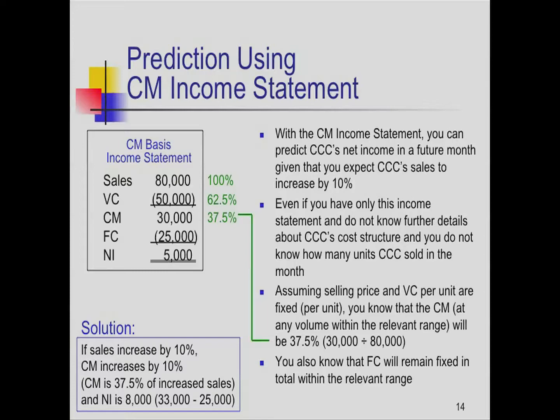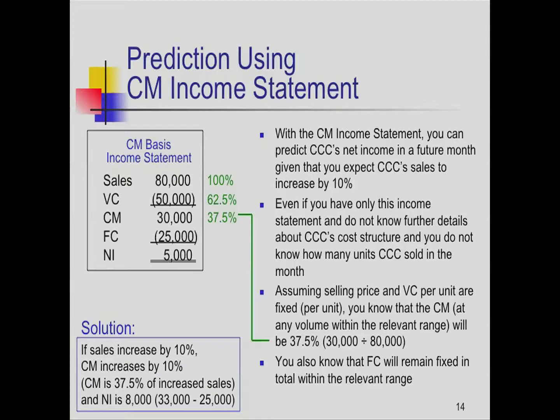Well, what we can basically do is, using that, we know that if sales goes up by 10%, because we've now split our variable cost and our fixed cost, your variable costs are going to increase along with your sales. So variable costs will go up 10% as well. Fixed costs, remember, in total, they're going to remain the same. So if that happens, now I can look at the effect on net income. Sales is going up by 10%, so variable costs go up by 10%.